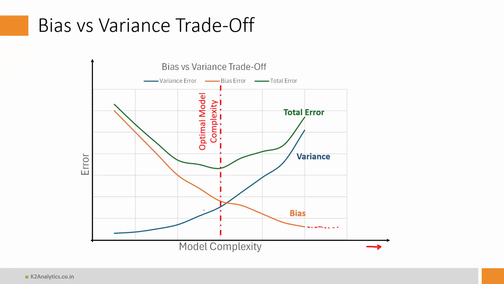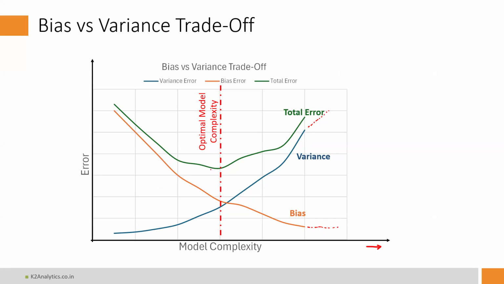As you increase the model complexity, the variance error will go up. Total error is equal to bias plus variance. Noise is something which we cannot do anything about. So total error is the summation of bias and variance.